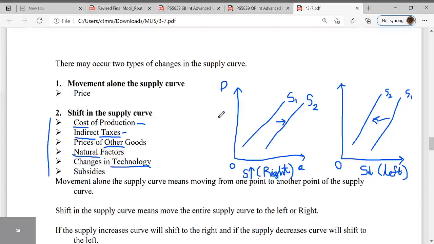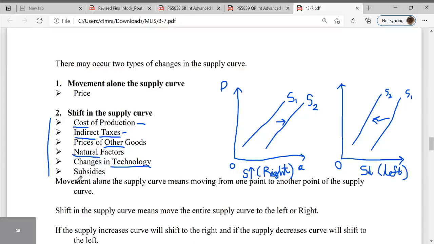And then later on, maybe we will be using robots to produce garments. So what will happen is that the supply will increase, because within the same period of time, we will be able to produce more. So that's the impact of change in technology.